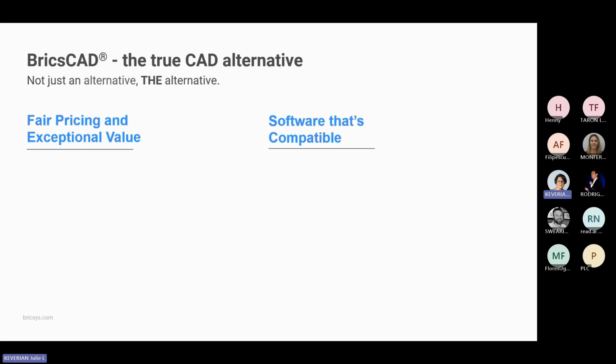BricsCAD is built on the industry standard DWG platform, and that's really important because it gives you seamless access to modify and share both your existing drawings and new drawings. There's no conversion headaches, no file compatibility concerns, no long learning curve.